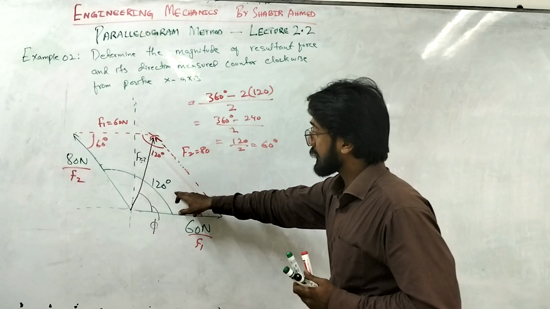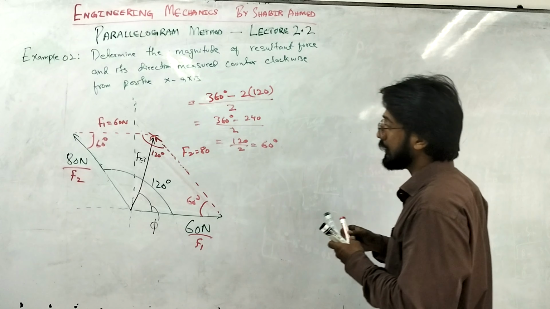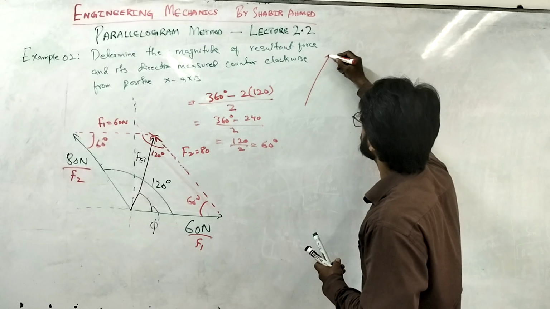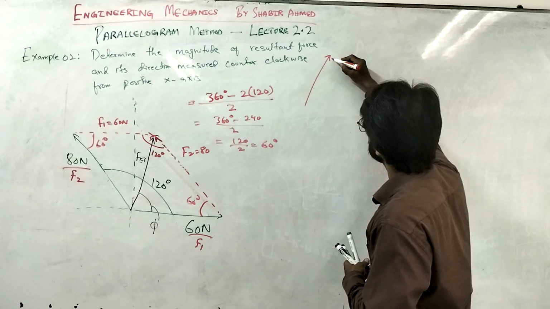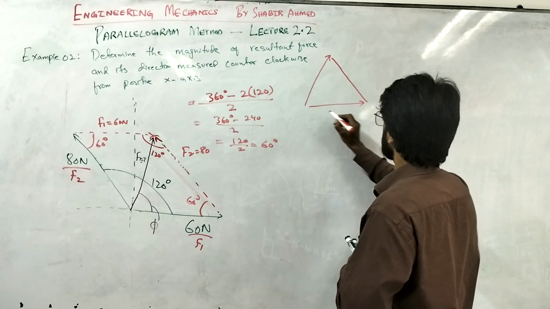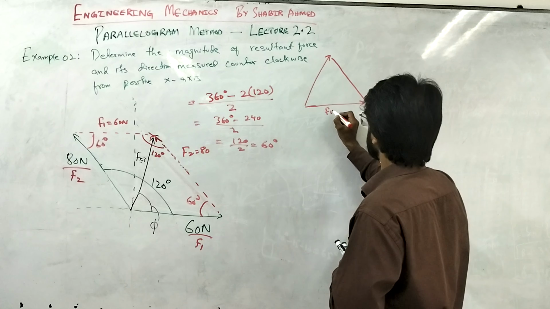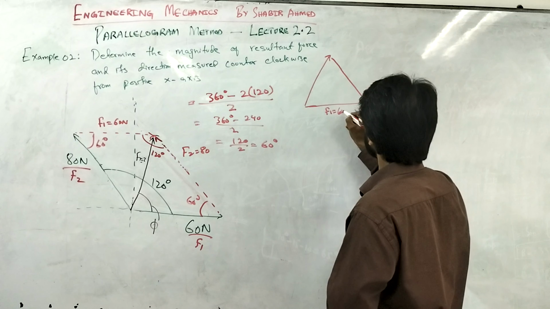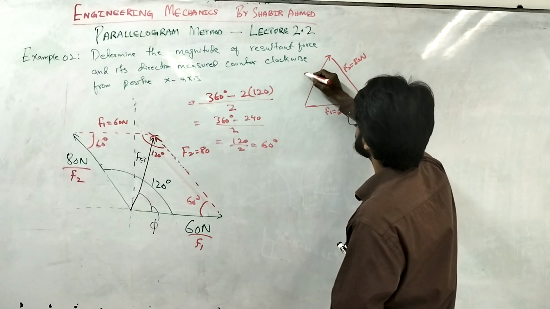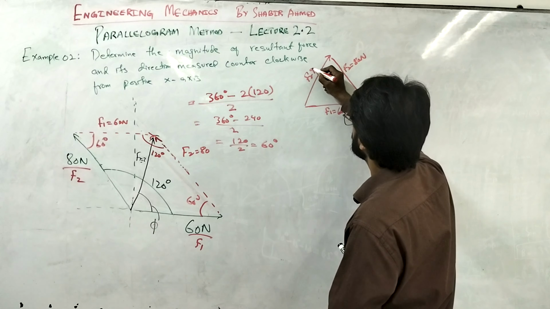Now I am going to take this triangle and take it off over here. I am just going to simply trace it. So this one is F1, which is of 60 Newton. This is F2, which is of 80 Newton, and this is Fr, which we need to find out.